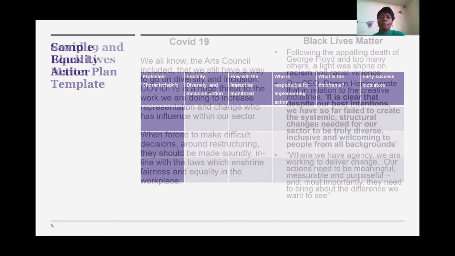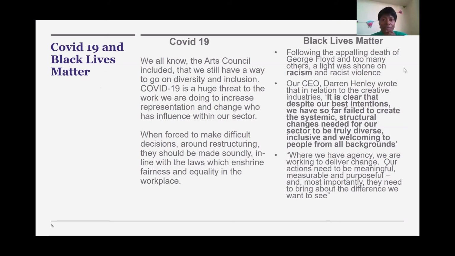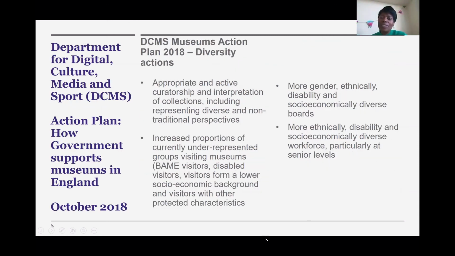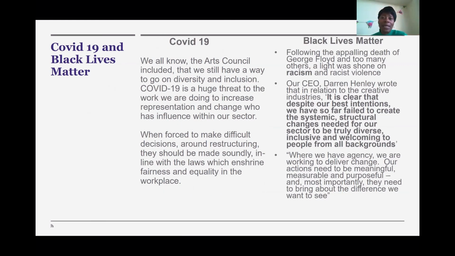Next slide, please. As part of the COVID-19 and Black Lives Matter agendas, we as an organisation have published some temporary equality objectives, and they cover improving access to the sector for disabled people in terms of workers, audiences and participants, ensuring that the funded organisations and projects that we're involved with can demonstrate meaningful engagement with Black, Asian and minority ethnic workers, audiences and participants, that we challenge racism and embed anti-racism values across all of our policies and funding decisions, that we address specific disadvantages faced by children and young people and older people as a result of COVID-19, and that's based on the evidence that we have seen, and improving access to creative and cultural activities to those from lower socioeconomic backgrounds, which again, we've seen the evidence that these are some of the communities that have been particularly affected by the pandemic.